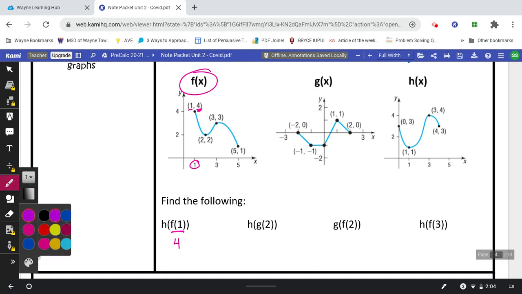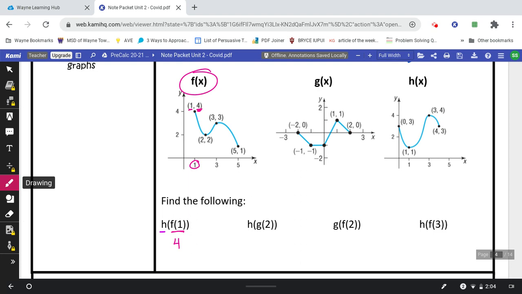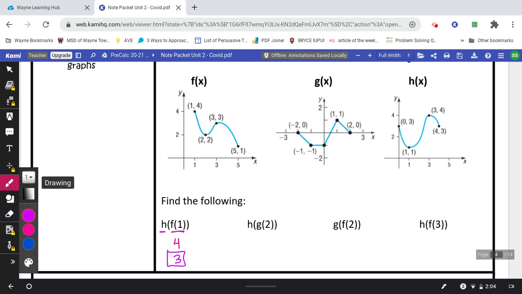Then we have to do the h part. So then we look at the h. I go to where my h graph is 4 here, and then I write down the 3. That's my final answer. Let's try that again. On the next one, I'm looking for g of 2.